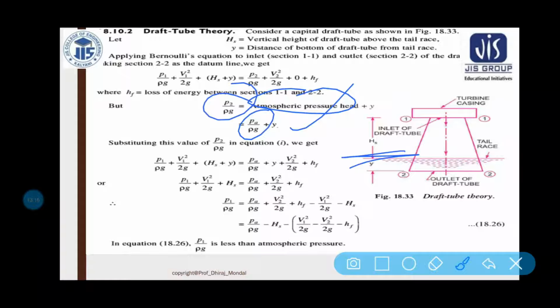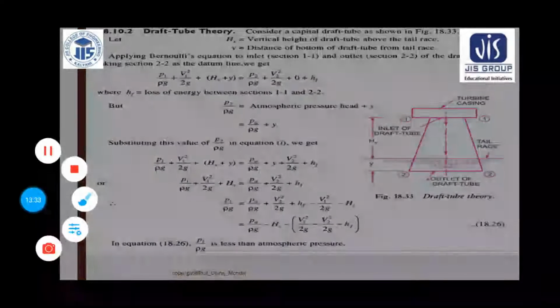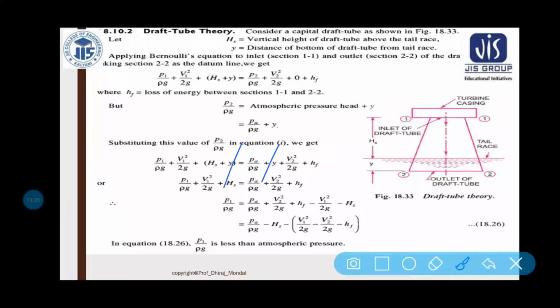Now substitute the value of P2 by rho g and you will get this equation: P1 by rho g plus V1 square by 2g plus Hs plus Y equals Pa by rho g plus Y plus V2 square by 2g plus Hf, because Z2 is equal to 0. Now cancel out Y. Then you get P1 by rho g plus V1 square by 2g plus Hs equal to Pa by rho g plus V2 square by 2g plus Hf.